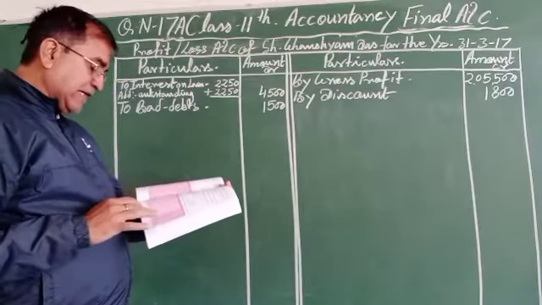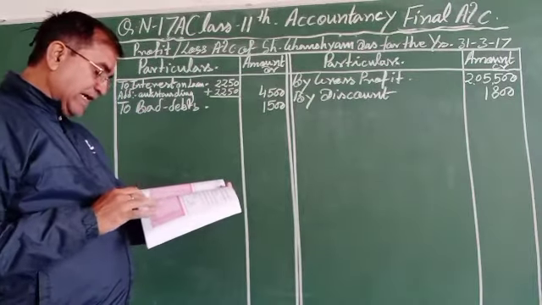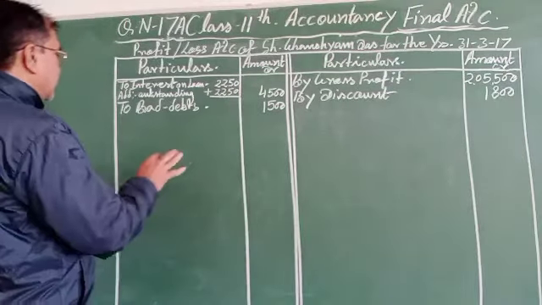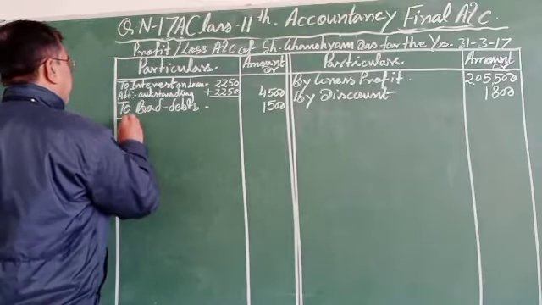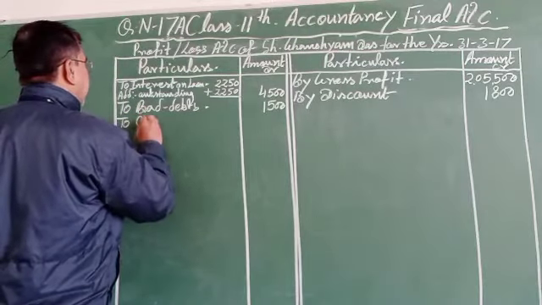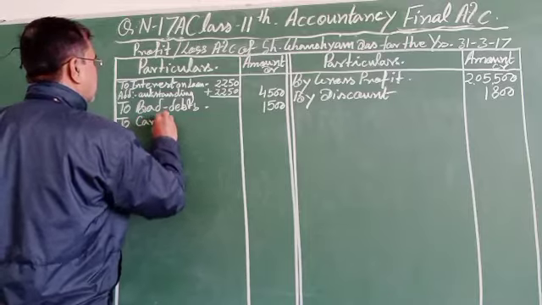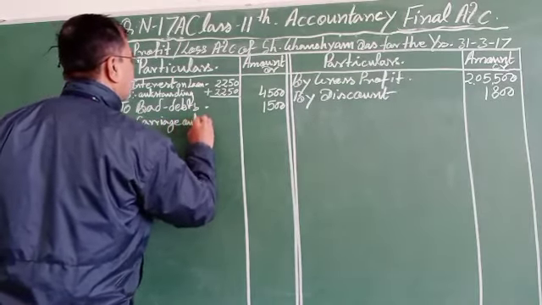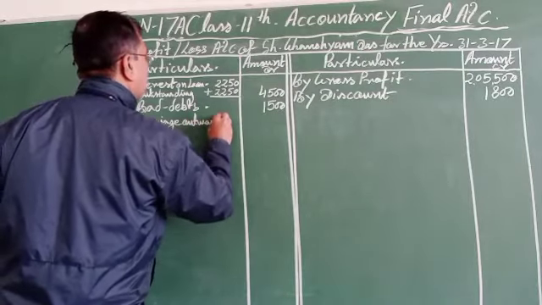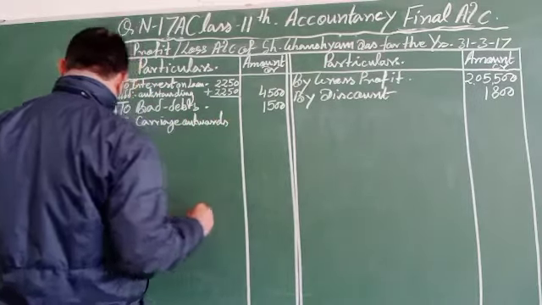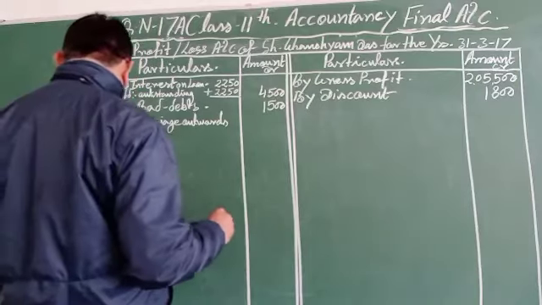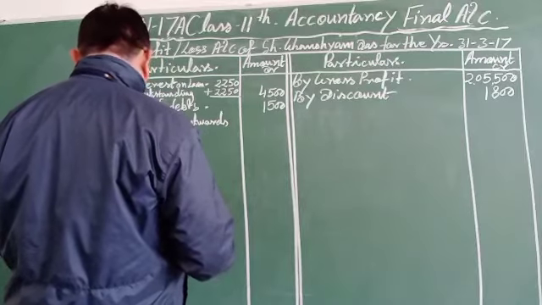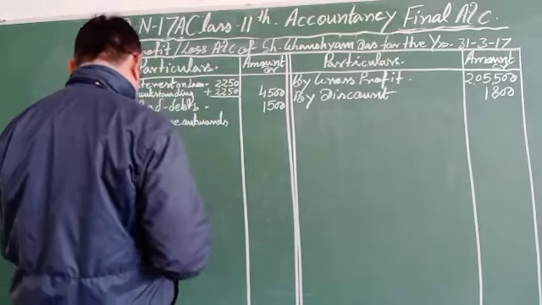Then after purchase and sales return, carriage outward, that is the indirect expense recorded in the profit and loss account in the debit column. Carriage outwards, that is given 8,000.